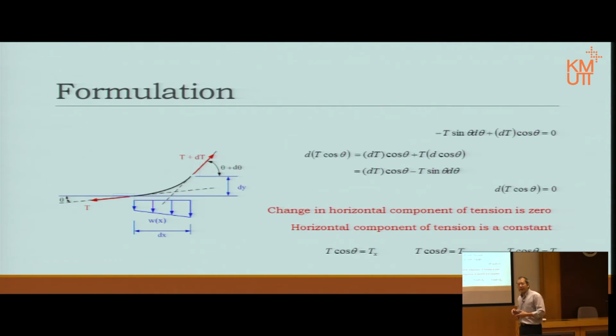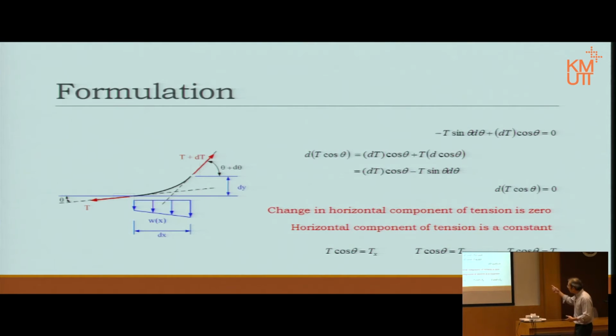Since t cosine theta must be a constant, we assign a name for it. Depending on the textbooks, some call it tx, some call it th, some call it t naught. It's just a name to emphasize this constant. When you take t cosine, it is always one value for one cable.